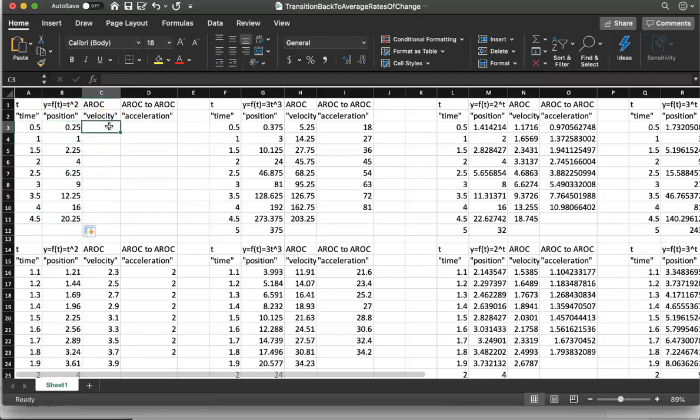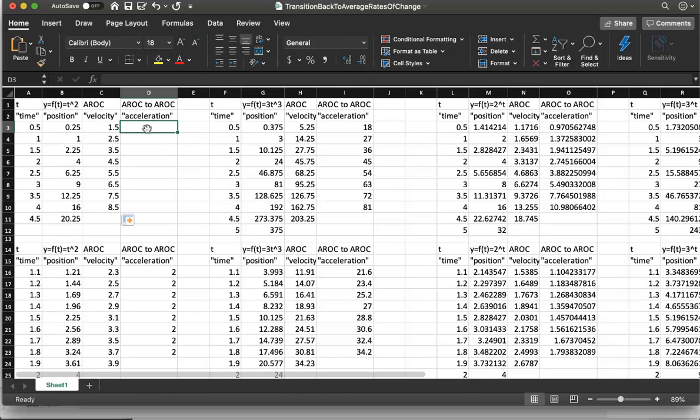And then our velocity, how would we do that? We're going to take the position ahead minus the position behind, and then we will divide by the time spacing, which in this case is 0.5. And we can do that for some other values. Now we'd like to compute the average rate of change to the average rate of change, called the acceleration.